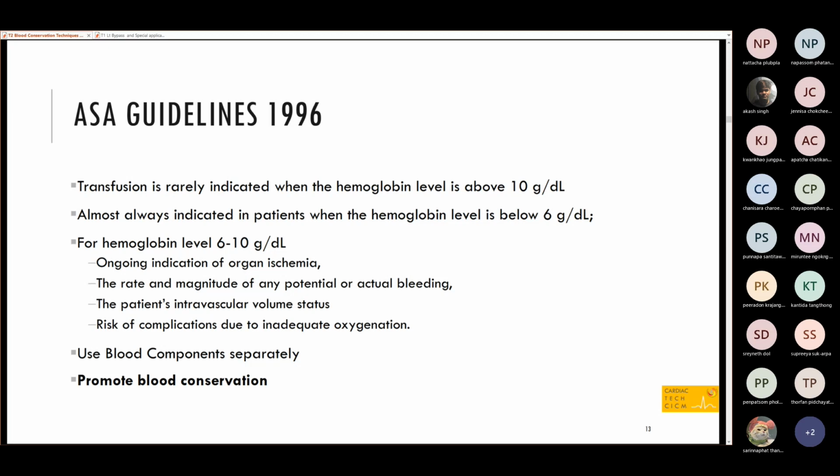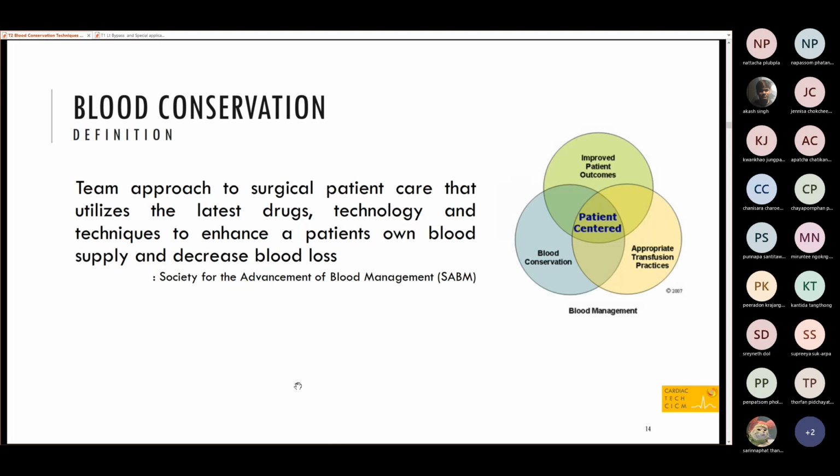In men, it may be higher than this, but for 6 to 10, you may need to consider the condition. However, this is the old guideline, but some parts of it are still usable.